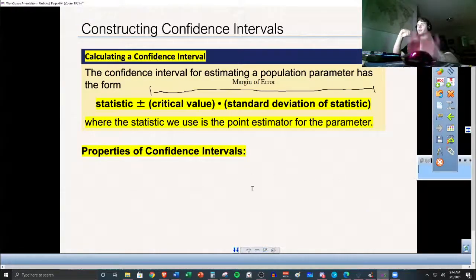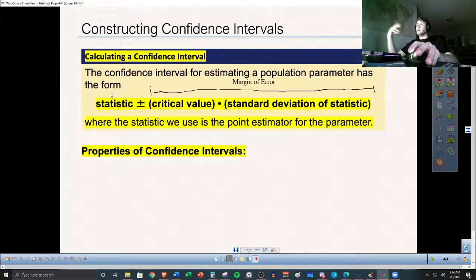Then we're going to put some bullet points here that we're going to have to refer to as we are trying to create our interval. So you can always create a confidence interval when you take your statistic plus or minus what's called a critical value times the standard deviation of the statistic. Okay?